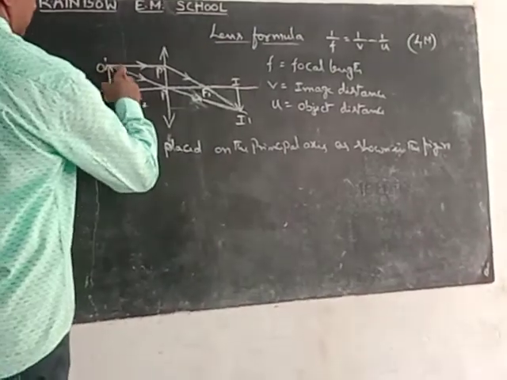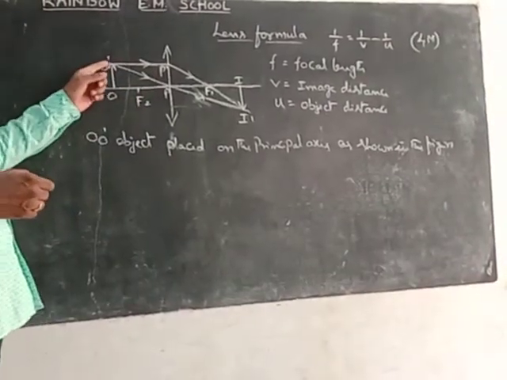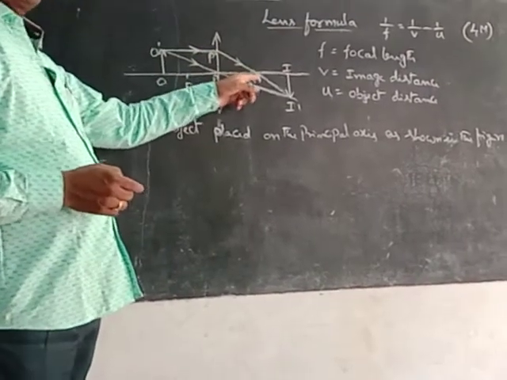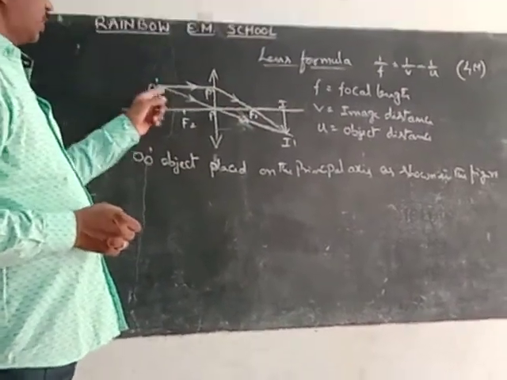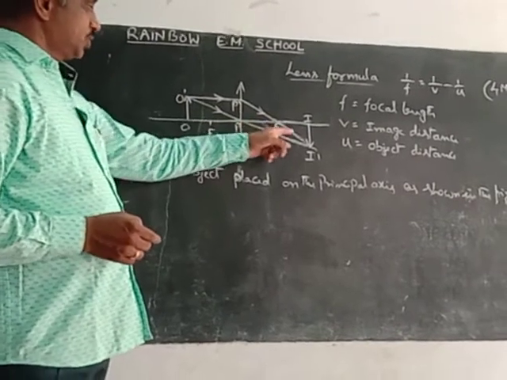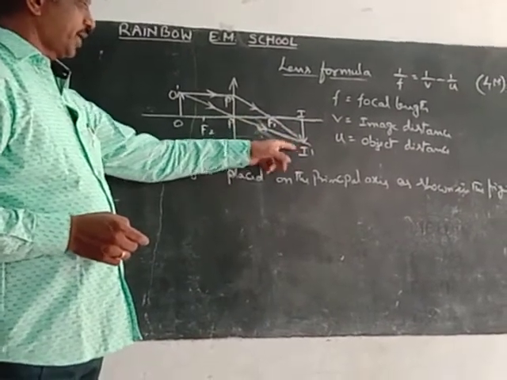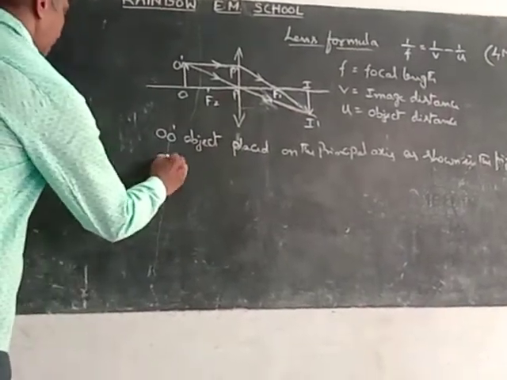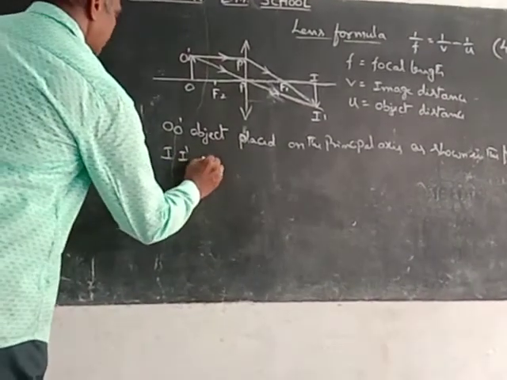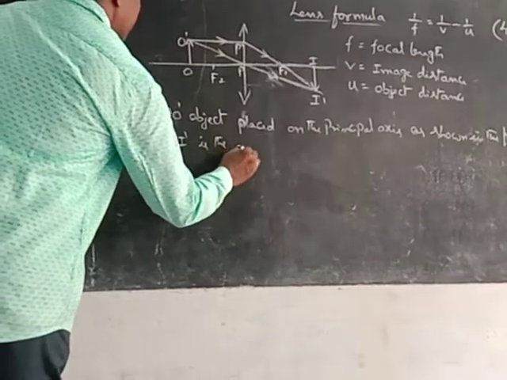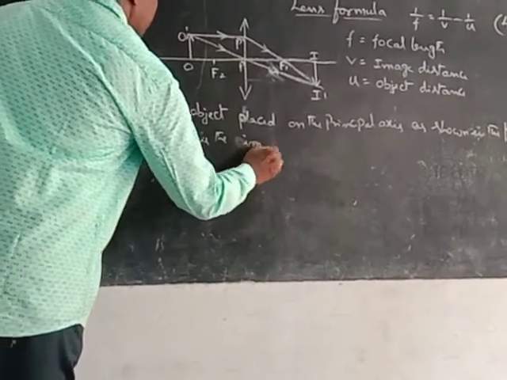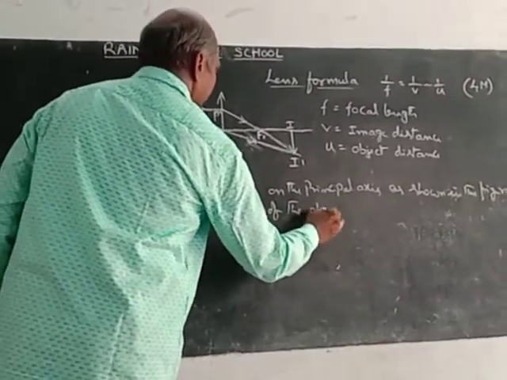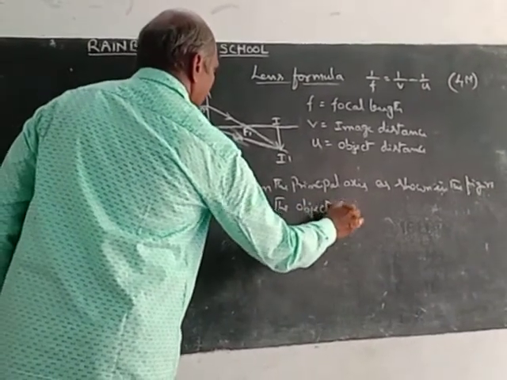One ray, the incident ray, travels parallel to the principal axis and after refraction passes through F1. Another ray passes through the optic center. These two rays intersect at the point I dash. Here I dash is the image of the object O dash.